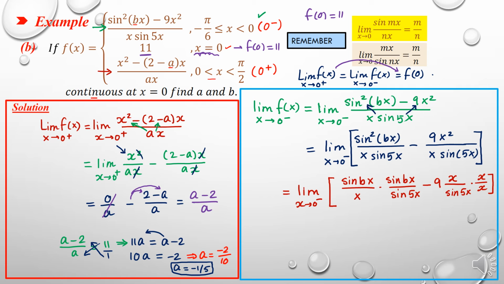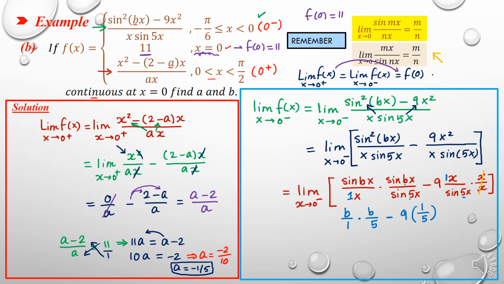Now you have to eliminate x with x. It will be 1, and here you have to use these facts. So for the first expression we have b over 1 multiplied by, here we have b over 5, minus 9 multiplied by, here we have 1 and here we have 5, so we have 1 over 5.